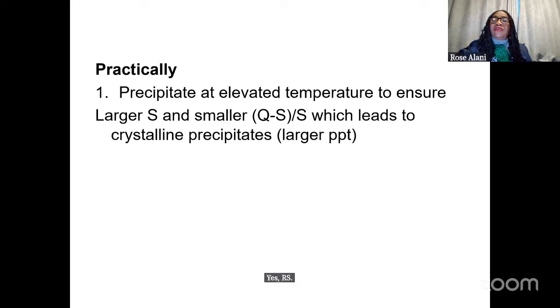That is the essence of what I told you in the last lecture about digestion, where you have to heat your precipitate right in the solution where it is formed to enhance a better, stable precipitate. This is why elevated temperature is useful to ensure larger S. Remember that larger S will lead you to crystalline precipitate, to lower RS and good precipitate for filtering.